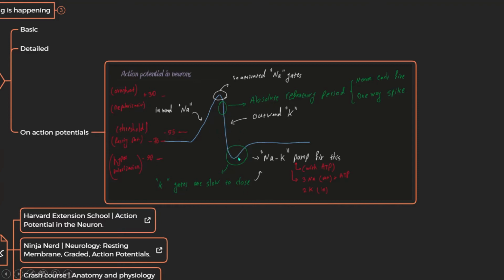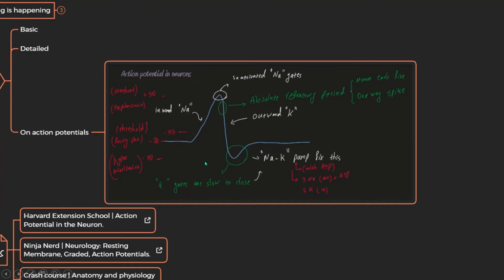After around minus 90 millivolts, these potassium channels will be closed, and the neuron waits to get back to its resting potential by the sodium-potassium pump.